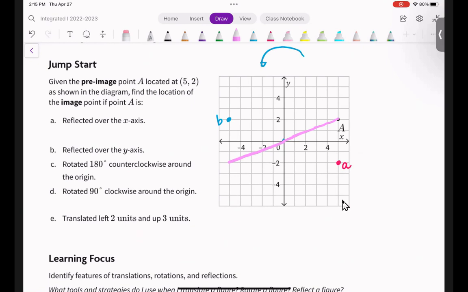And then that's where I end up, right? Because this is 180 degrees. And so now it's 180 degrees around this origin right here. Okay, so that's C. And I'm going to erase my little helper again.